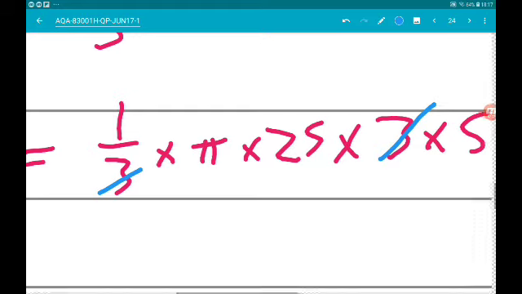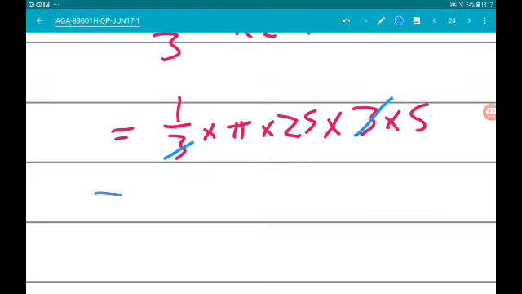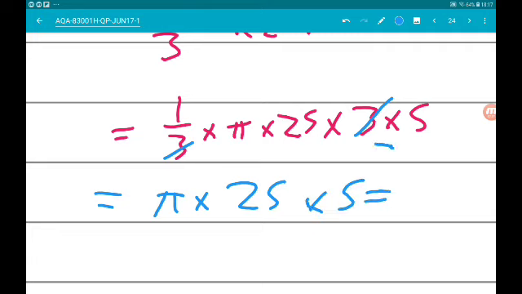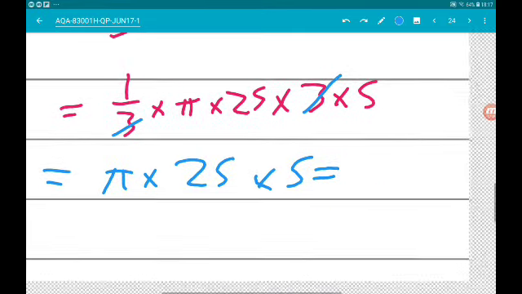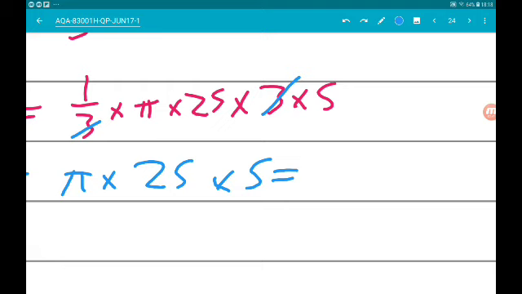So we get left with pi times 25 times 5. 5 times 25 is 125 centimeters cubed. So the volume of the big cone is 125 pi centimeters cubed.